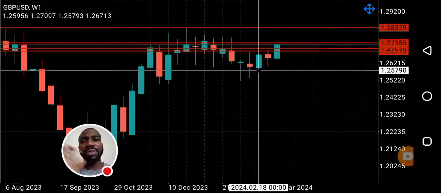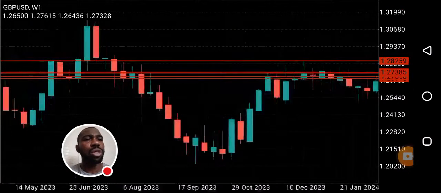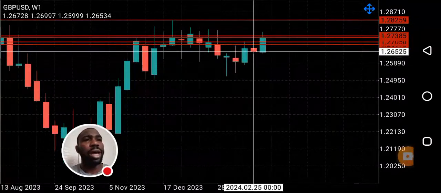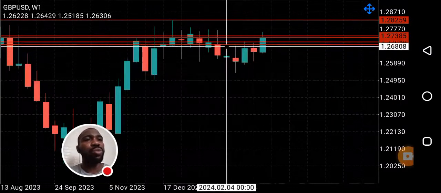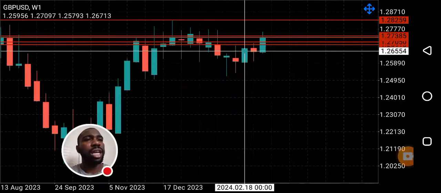My bias for GBP USD this week is bullish, okay? So last week's candle, you see how it closed? It closed as a spinning top. But before the formation of this spinning top, what pattern do we have here? We had a hammer, we had a spinning bottom, and the next candlestick closed bullish.